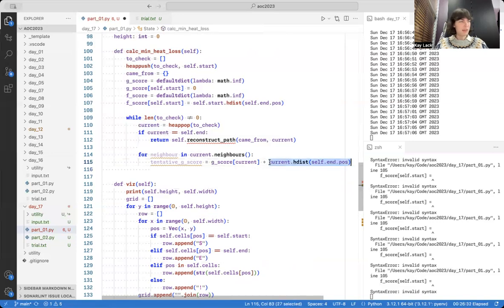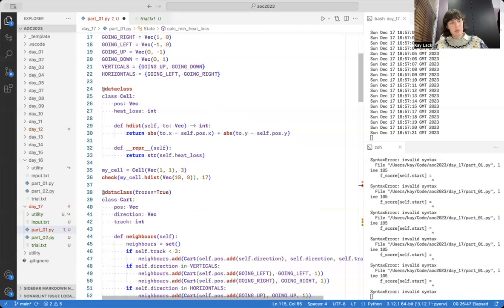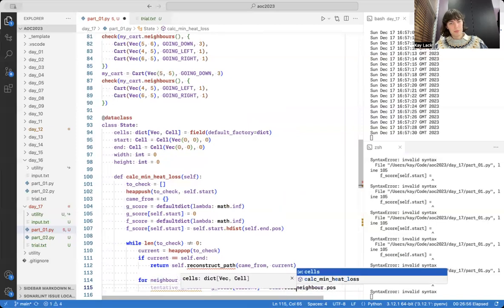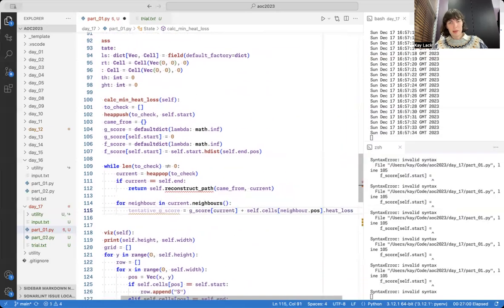I know this is the distance, not the age. Yeah, the distance is the neighbor was equals.